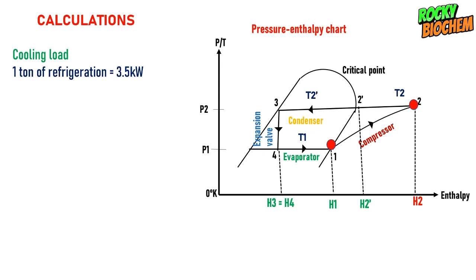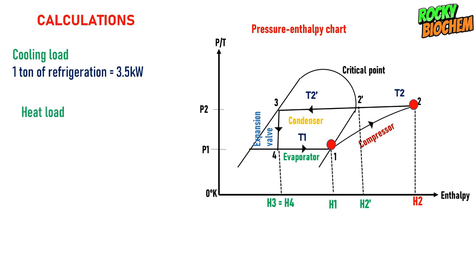So when a fridge has a higher cooling load, it implies that the fridge has the ability to remove heat faster from a given substance and then cool it down. So a fridge with a higher cooling load will cool down food or any substance at a faster rate as compared to one with a lower cooling load. The unit for cooling load is the ton of refrigeration, and 1 ton of refrigeration is equal to 3.5 kilowatts.